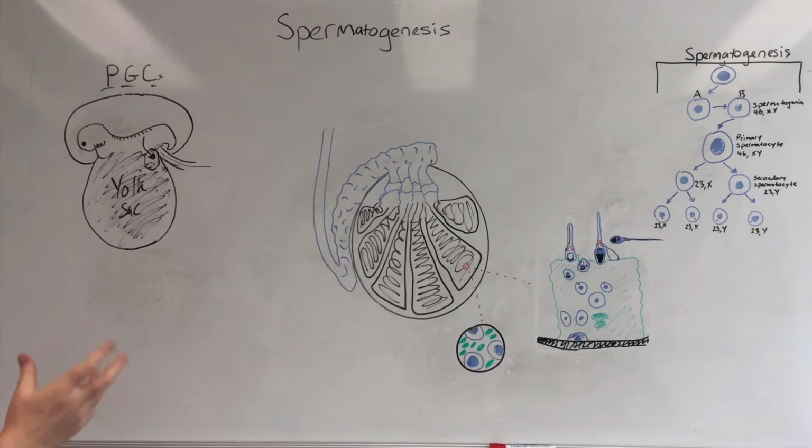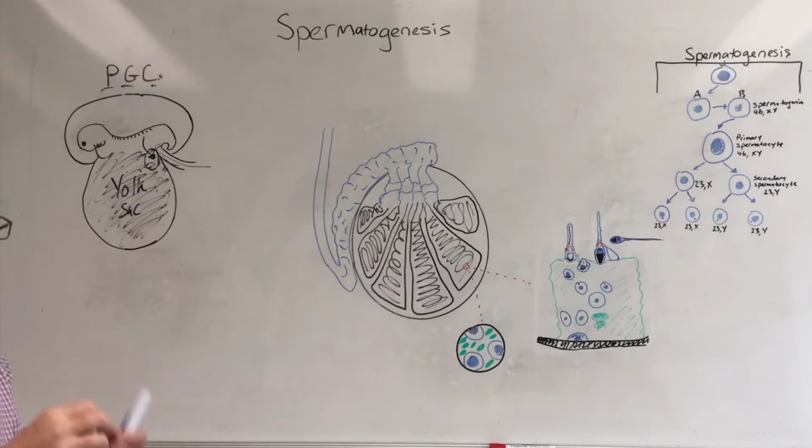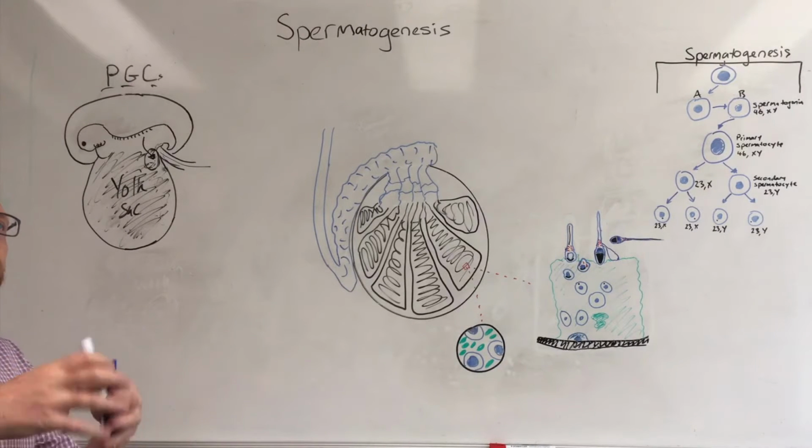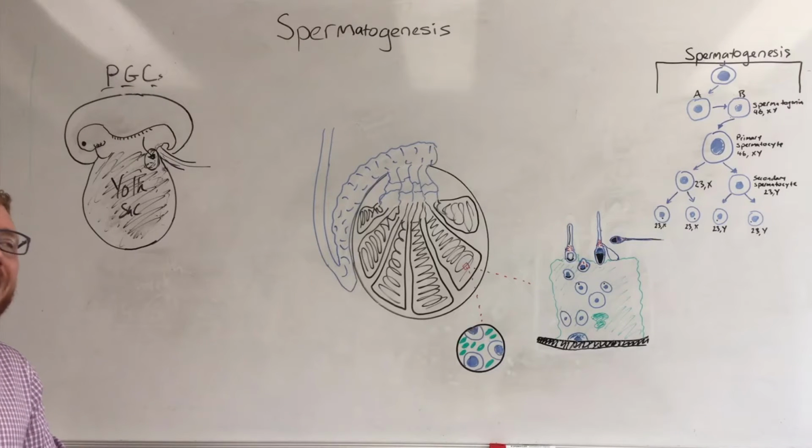Now they'll go into an area around the level of T10, so the thoracic 10 region, and they will go into a group of mesenchymal cells known as the genital ridge. This bundle of cells, the genital ridge, is essentially on the side, medial to where the kidneys are developing, which are the pronephros and mesonephros.